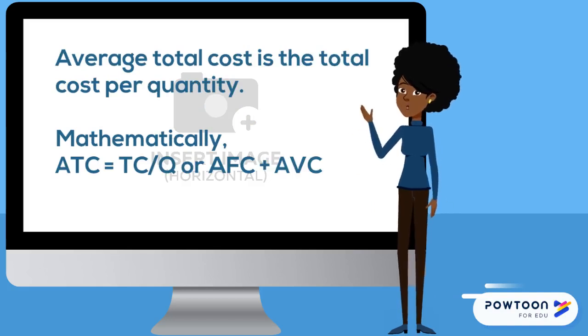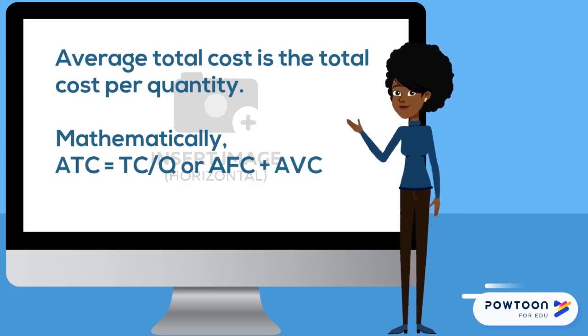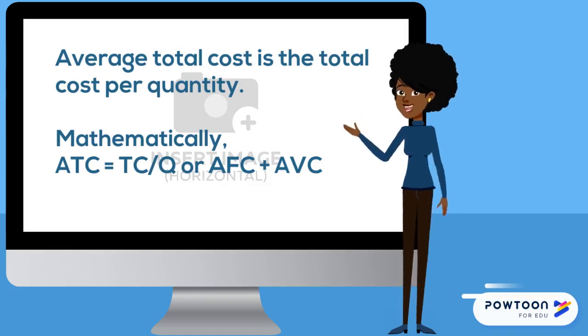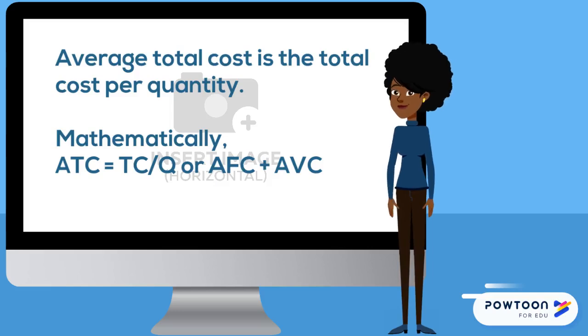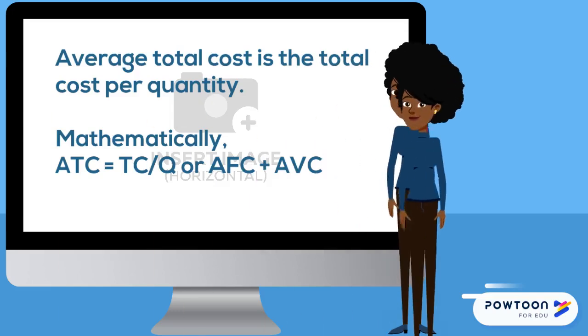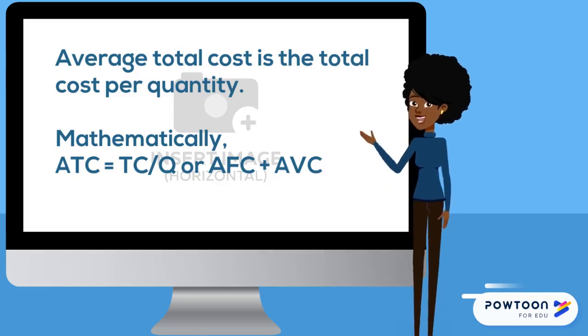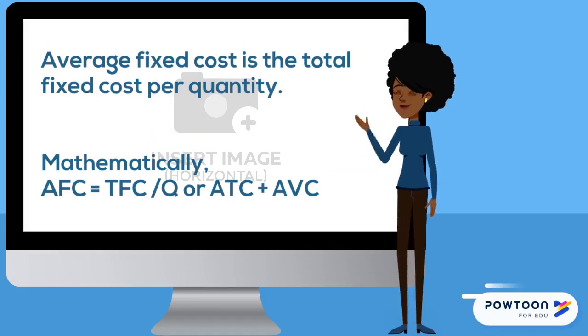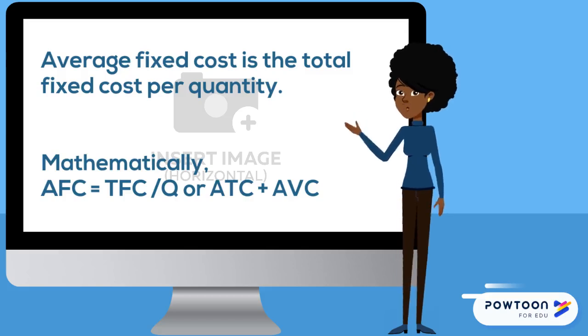Average total cost is the total cost per quantity. Mathematically, average total cost equals total cost divided by quantity, or average fixed cost plus average variable cost. Average fixed cost is the total fixed cost per quantity.